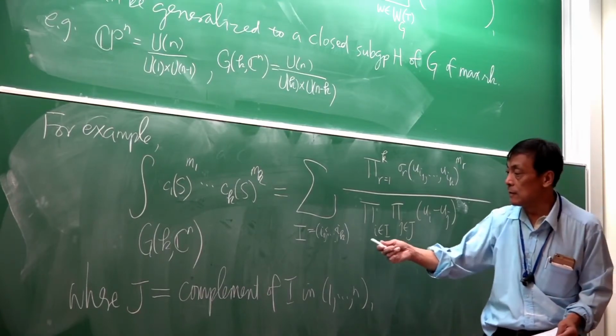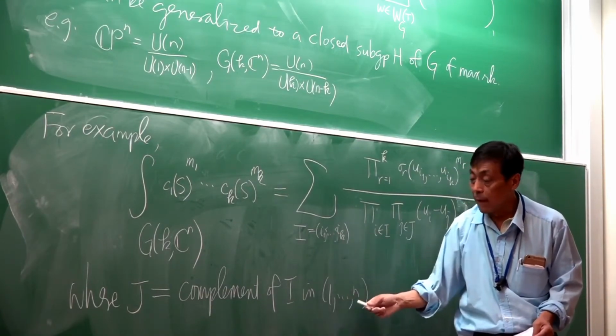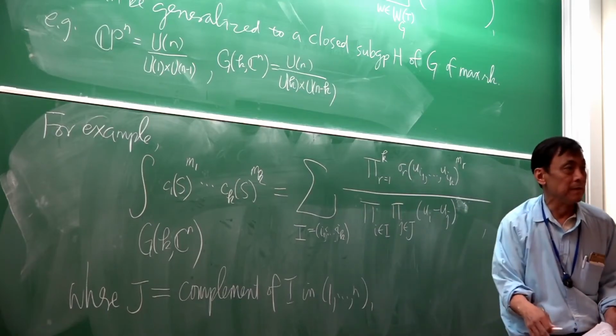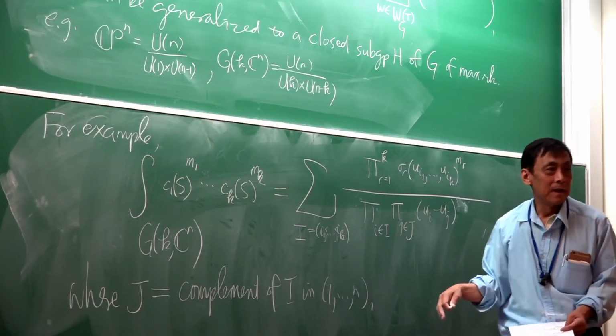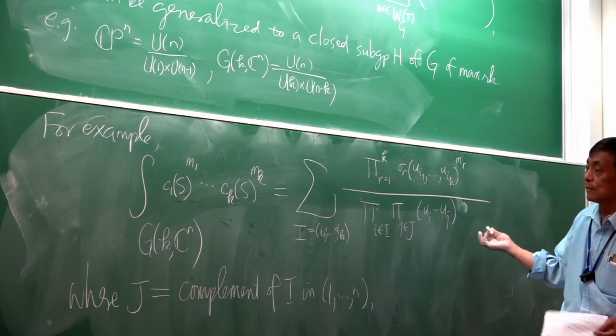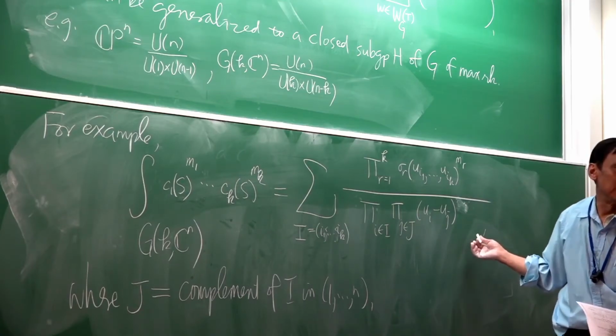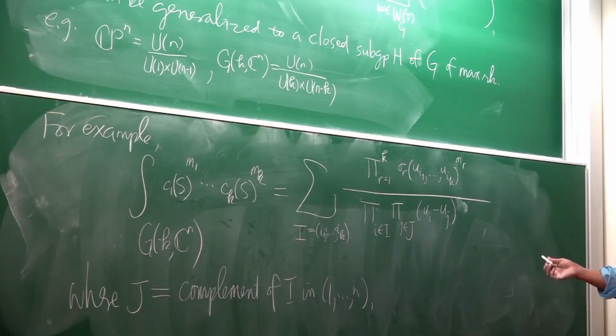So I is a set of k numbers from 1 to n, and J is the other numbers. And that's the formula that the localization formula gives you.